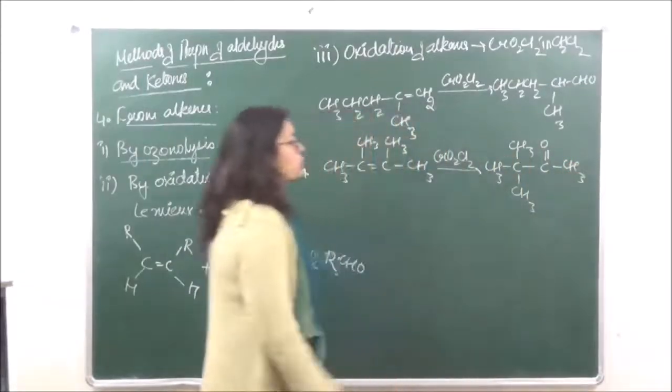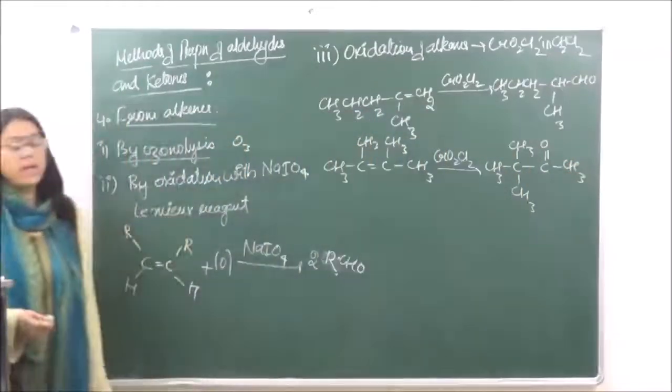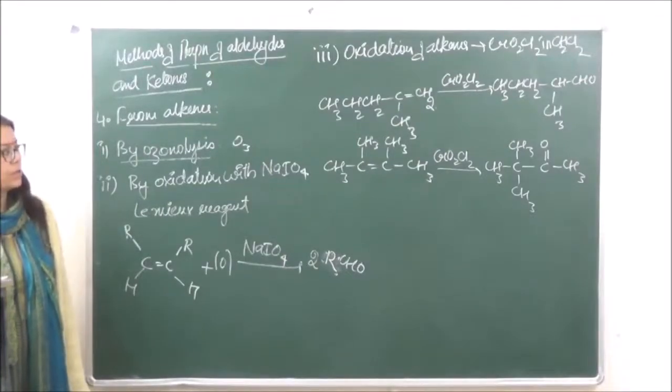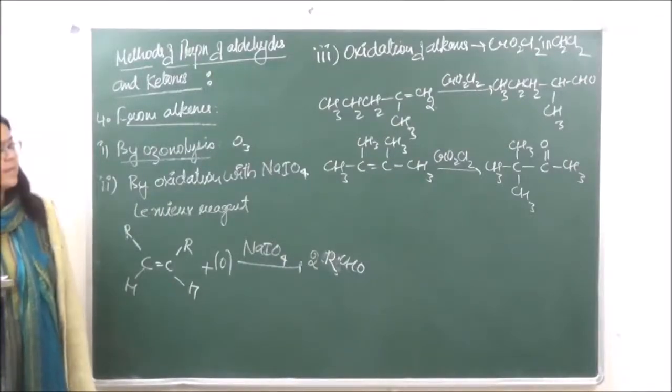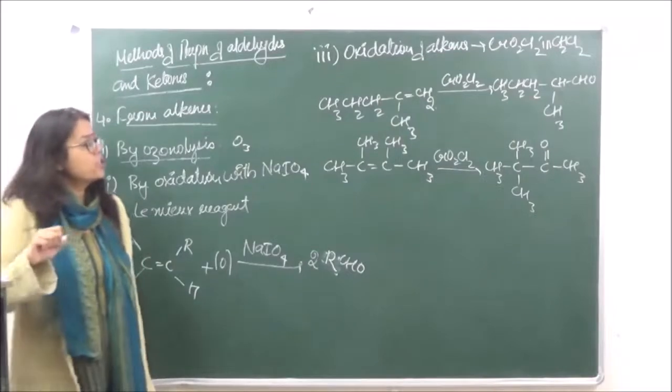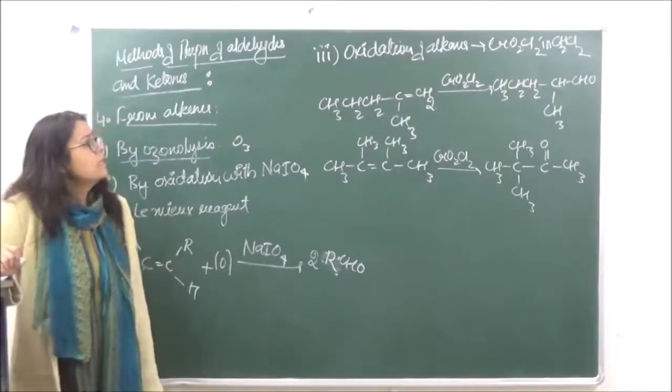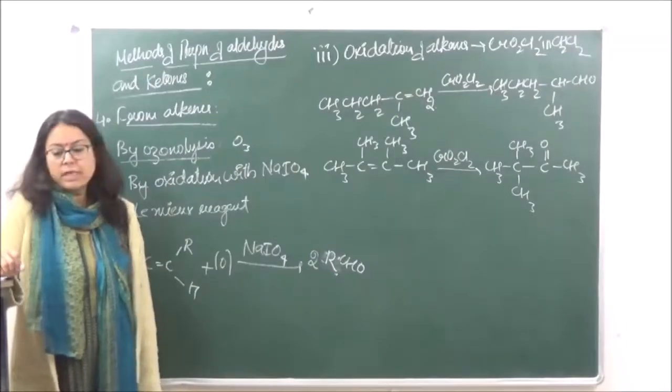This is the product which we are going to get. Okay, so over here we are getting a ketone, and in the upper reaction we were getting an aldehyde. The oxidizing agent which we are using is chromyl chloride, CrO2Cl2.